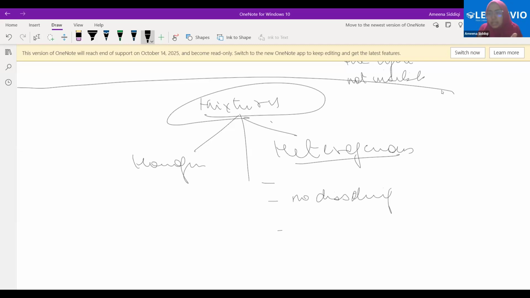And what is it that is having physical bonding? Mixtures are having physical bonding. Are you getting this? Thirdly, in case of heterogeneous mixture, there is no even distribution, no dissolving, suspension of particles is there.